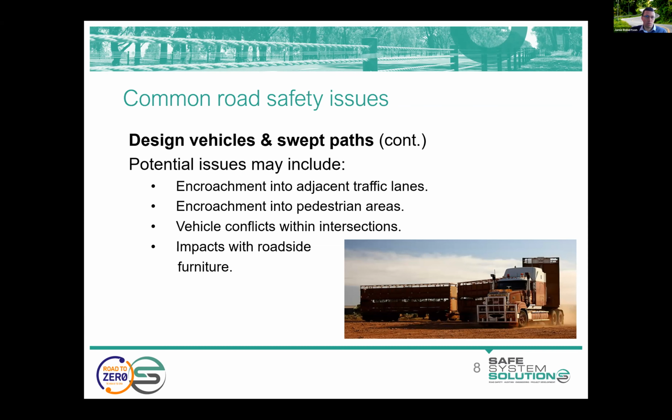If we assume a vehicle that is too large or are too generous when we're plotting our swept paths, we can end up with some pavement areas that are excessive, which might mean that there are areas where movements and priorities are not clear. We might allow smaller vehicles to turn at excessive speed. So we really want to make our intersections and roadways as compact as possible, subject to the swept path requirements.